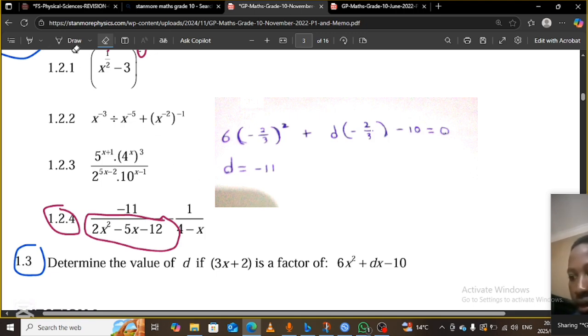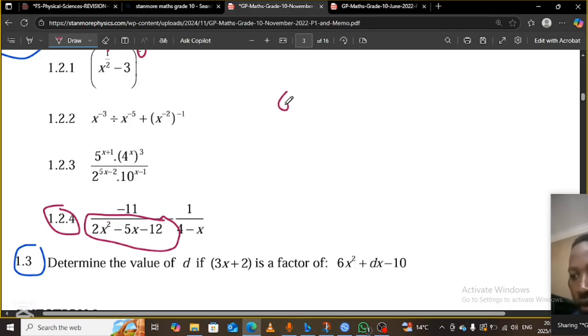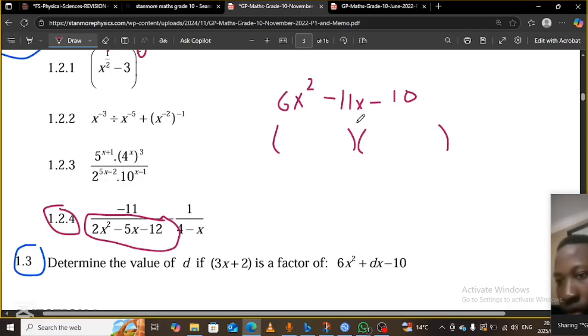Yes. Let's check whether your answer is correct. It's x squared minus 11x minus 10. Let's factorize it and see whether you are correct or not. What are the factors? The factors will be 5 and 2. And then?